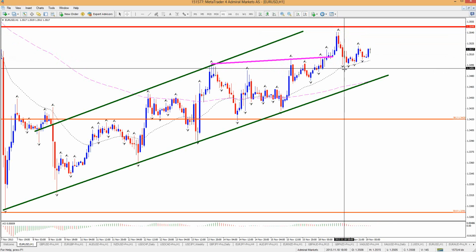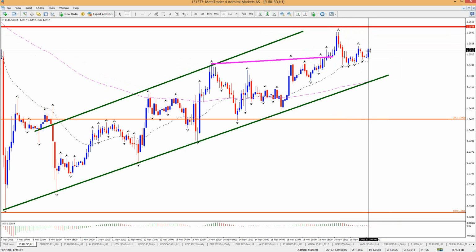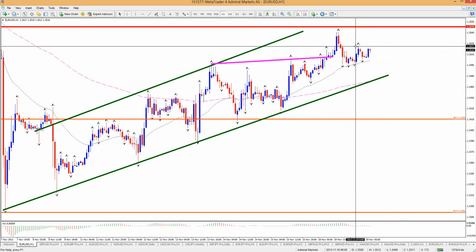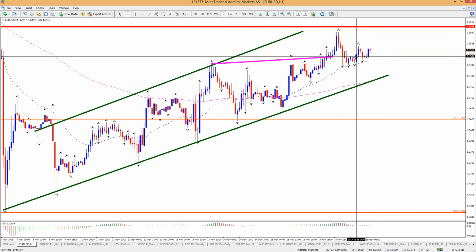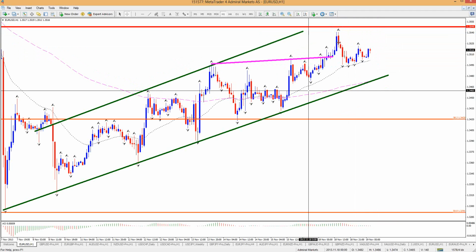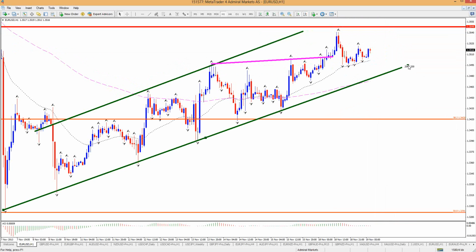And we went down a bit after that and went into sleeping mode, as normally happens during Asian session, with only a range of about 25 pips, which is typical. This entire up move, though, and this small consolidation we've had just the last few hours, all fits, in the meantime, within a very nice uptrend channel.